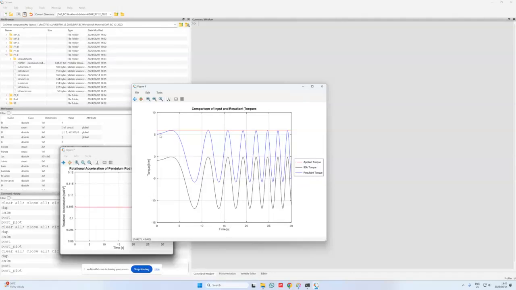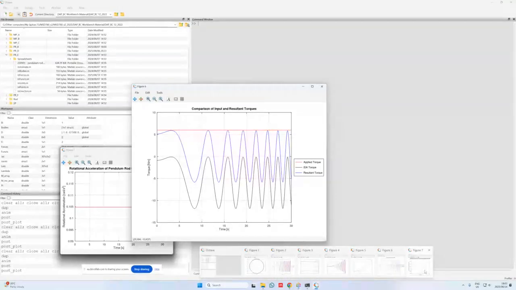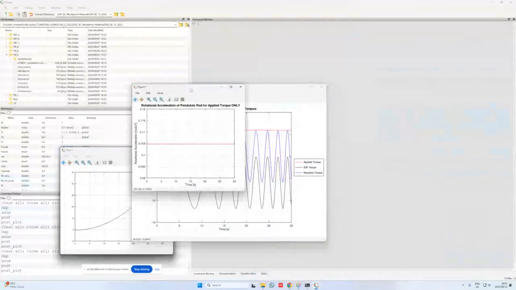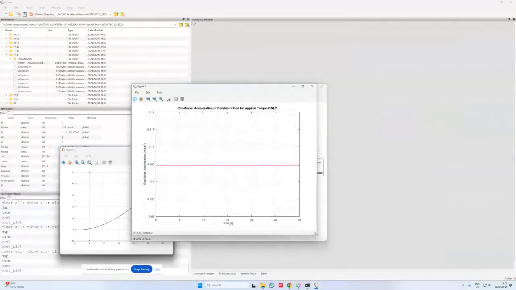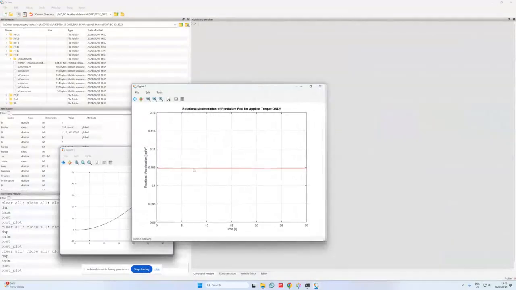So when I calculate the resultant torque on the system, it's still oscillatory, but these resultant oscillations then cause my system to have a constant angular acceleration. And to just verify this, I can go to figure 7 and I can once again see that although I now specify a torque which aims to oscillate the accelerations, my Lagrange multiplier, or my reaction torque due to the driver constraint, is in essence applying a braking torque to make sure that I always remain at this constant line that I have over here for the acceleration.